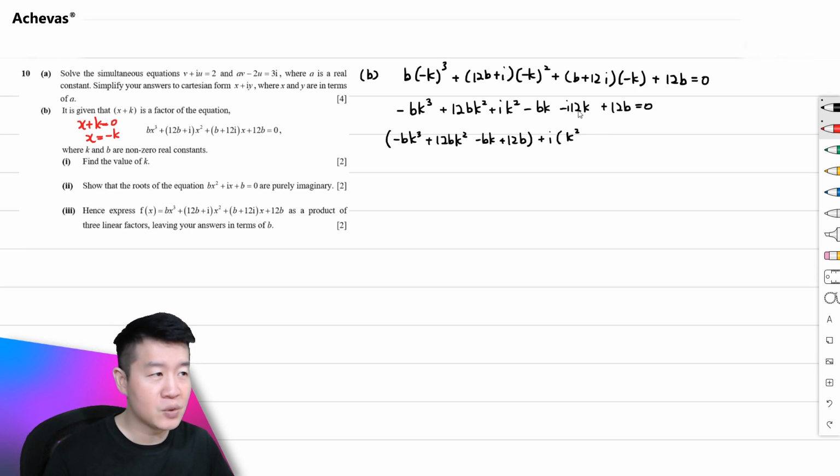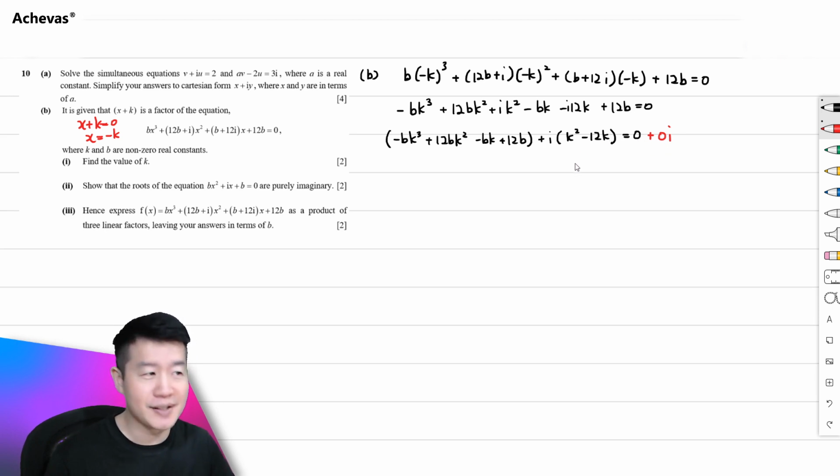We have a k squared, and then this minus 12k, and this is equal to 0. And we can see 0 as 0 plus 0i. So the moment when we have grouped the left hand side into the real plus i imaginary, and we can see the right hand side is also a real plus i imaginary, then this is going to be equal to 0, and this is going to be the other 0.